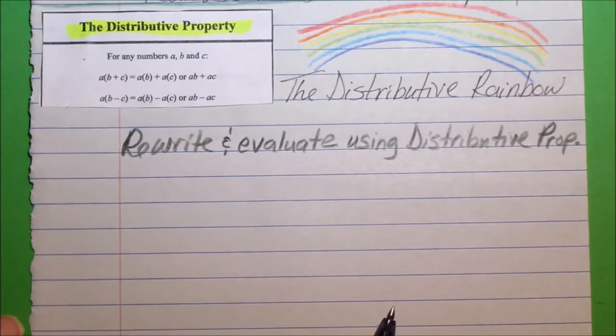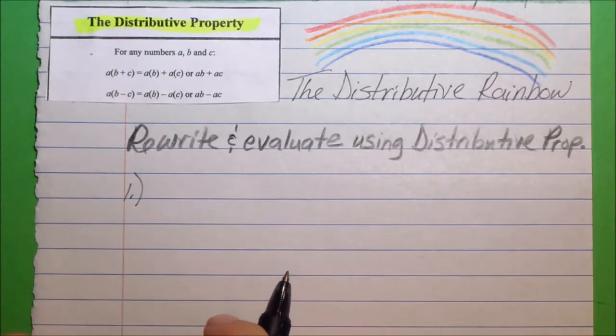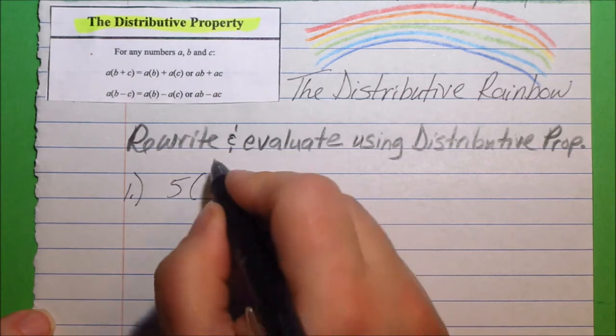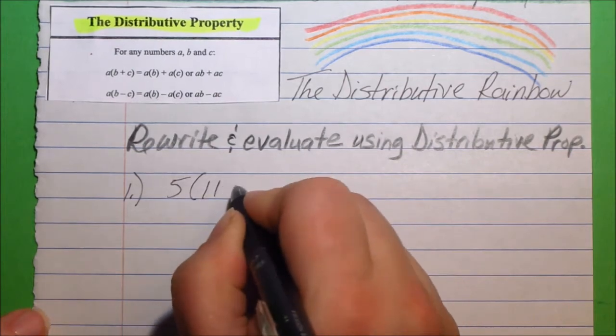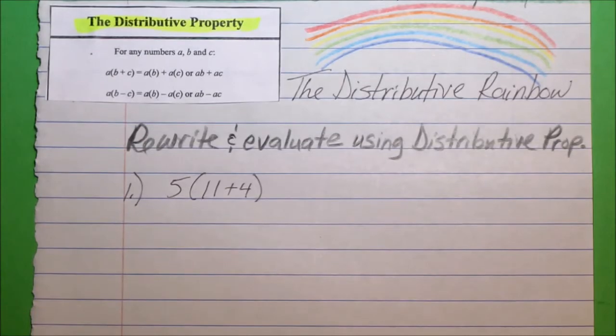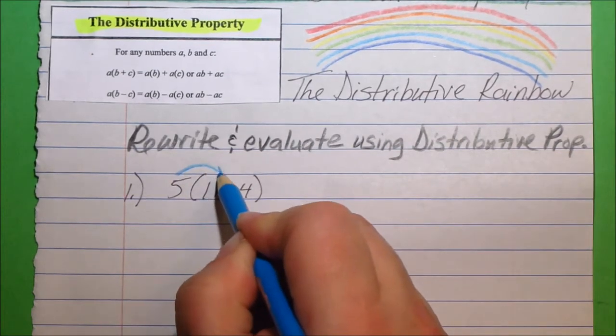So problem number 1. All right, let's say we have 5 times 11 plus 4. Okay, so our first step is to multiply 5 times 11. And here's where my little rainbow comes in.